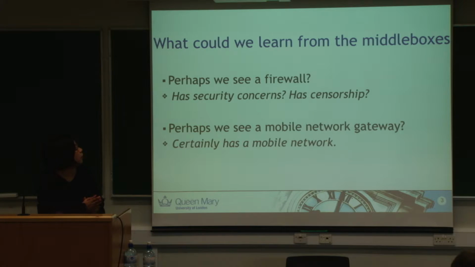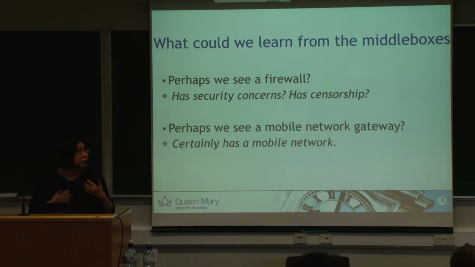For example, when we see a firewall, we will think, oh, maybe there is something related to security functions, and maybe there are some places of censorship. For example, the Great Firewall of China is a complex middlebox system.